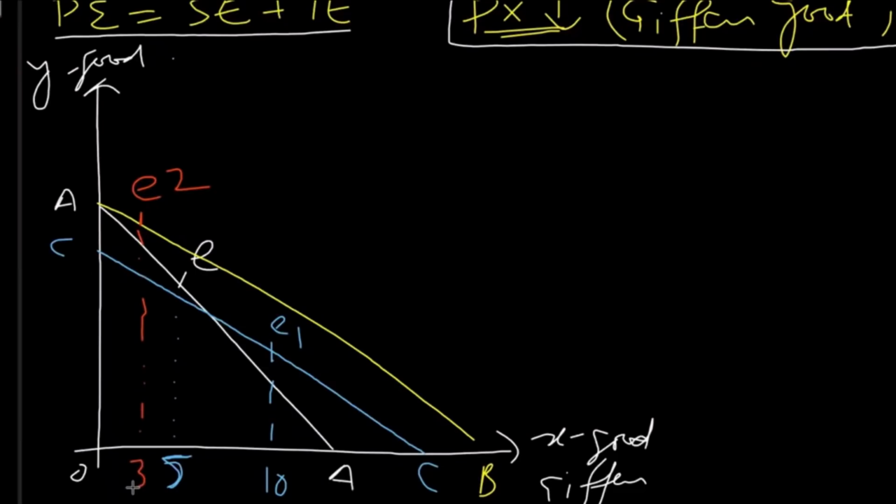And to show equilibrium we have to draw indifference curves. This is IC1, and we have to draw another IC curve which will be tangent to these two budget lines, and this is, let's say, IC2. And again we have to find out price effect. In this situation, price effect is equal to the effect on two pivotal lines.